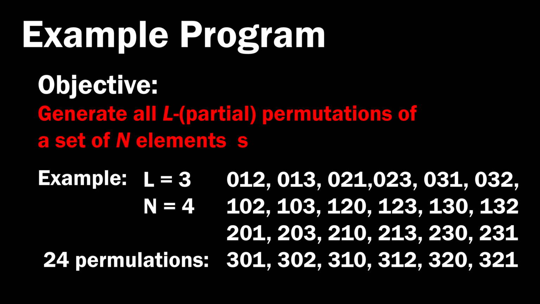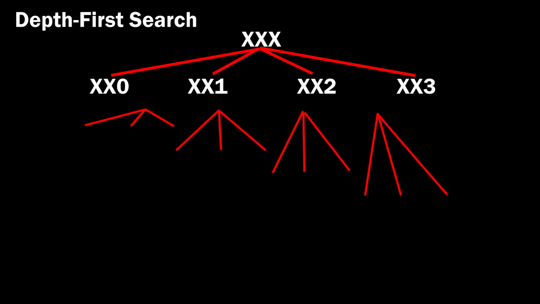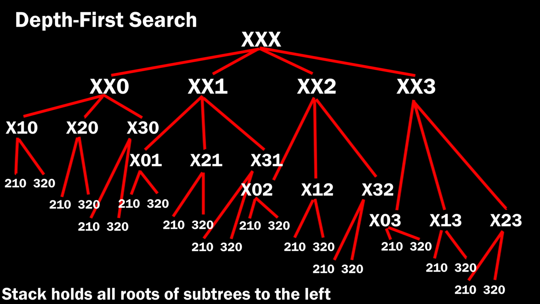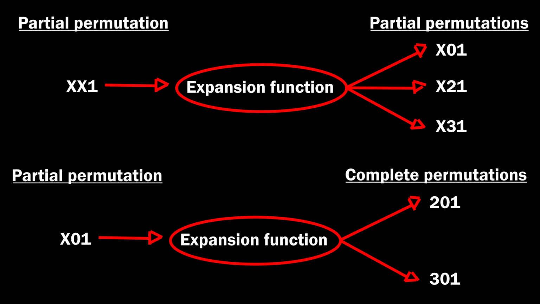You can only have one value per permutation. An easy method for computing these permutations is to perform a depth-first search, which is a very simple algorithm that relies on having access to a stack data structure, as well as a function that can expand a partially completed permutation into a set of partial but more complete or complete permutations.